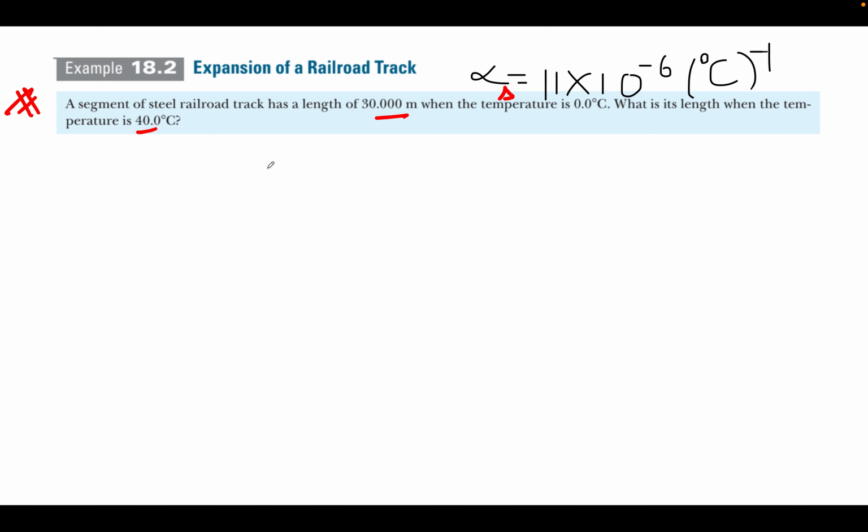So simply what we will do, the linear expansion is given by alpha times Li times delta T. The alpha value is 11 into 10 to the power minus 6 here, and then we multiply with the original length, which is 30 meter, and then multiply it with the change in temperature.